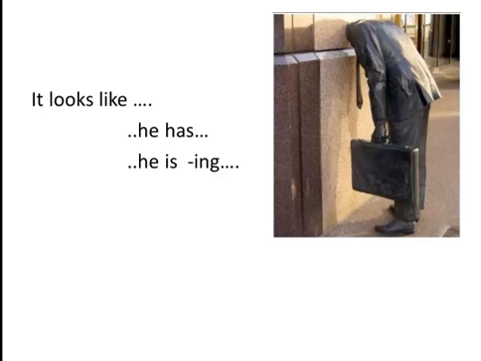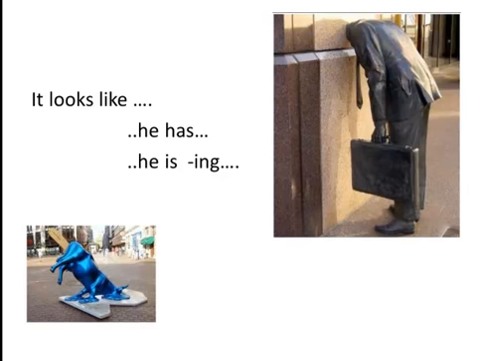There's lots of nice pictures of weird sculptures on the net. So this, it looks like he's put his head into the building. It looks like he is trying to get into the building. So looking at these two structures, I found some other nice pictures here.